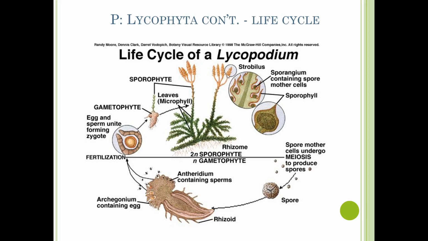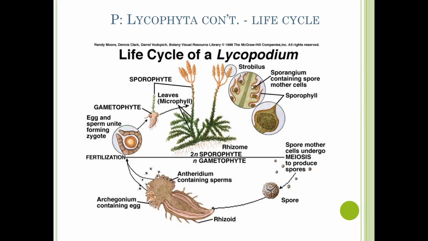If we were to do a longitudinal section of this cone, you're going to see little arms, which are part of the sporophyll. Remember, the leaf has been modified to make sporangia, which are these circles here. There's one, another one, another one, and another one.